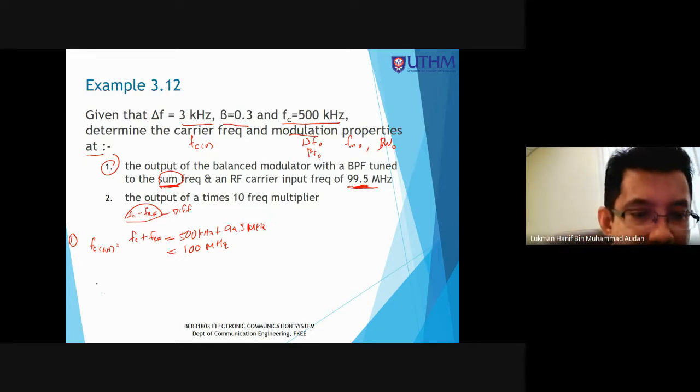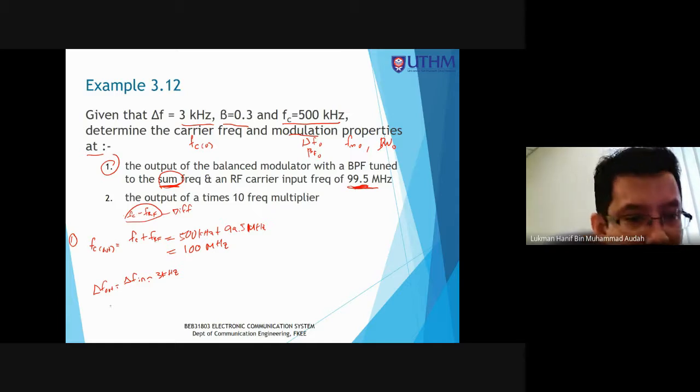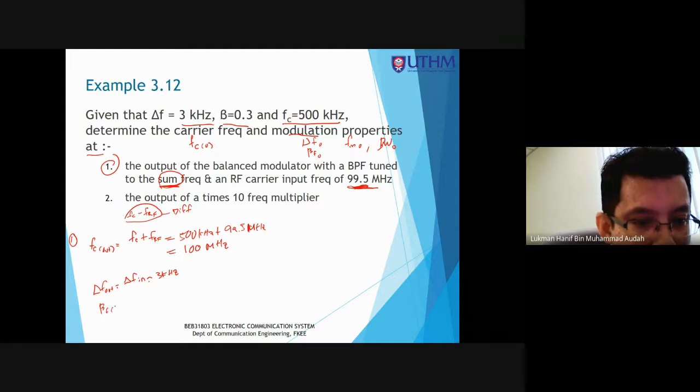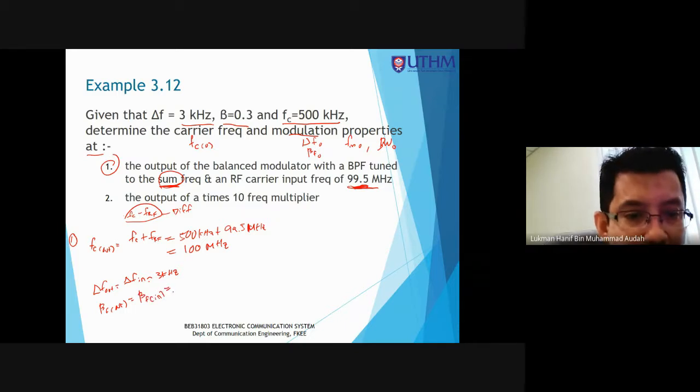Other parameters, delta F out equal to delta F in, equal to 3 kilohertz. Okay. And then beta F out is equal to beta F in, which is 0.3.